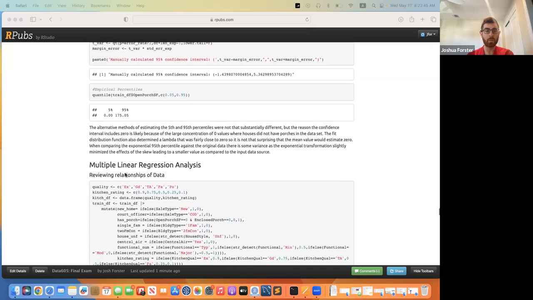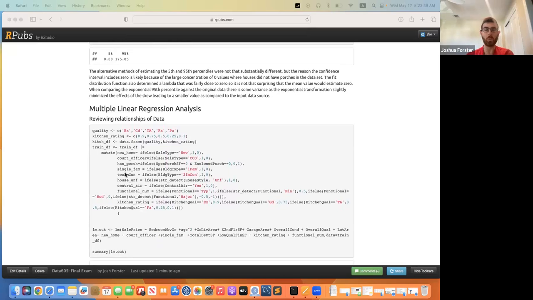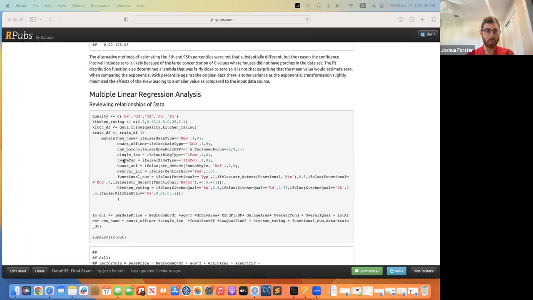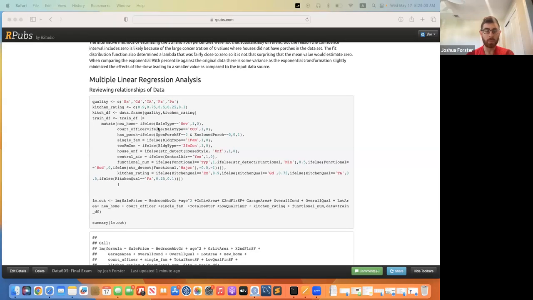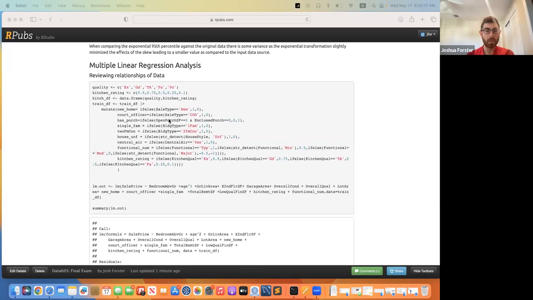And so moving on to the multiple linear regression analysis, using most of the visual analysis and review that was done before. We tried to come up with some feature engineering for variables to determine whether they might be useful or not. Most of it was one-hot encoding, depending on whether the value was provided or not.